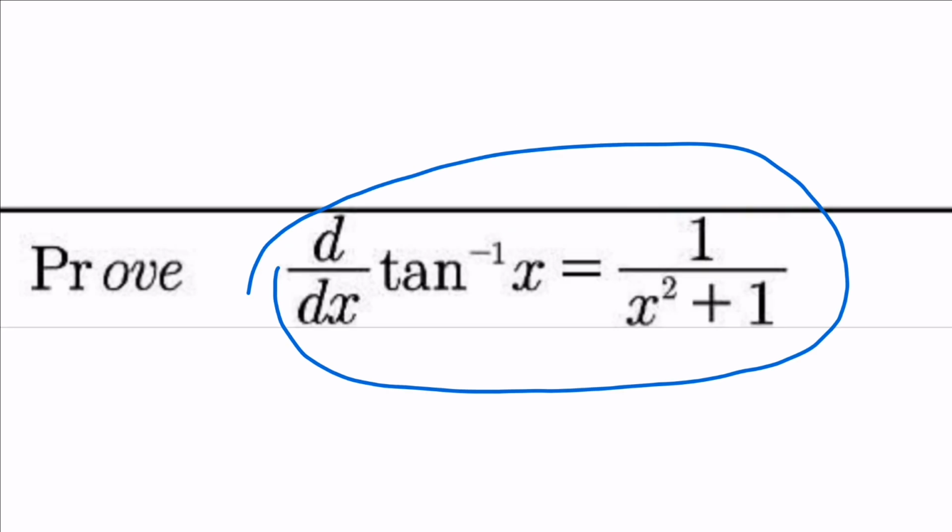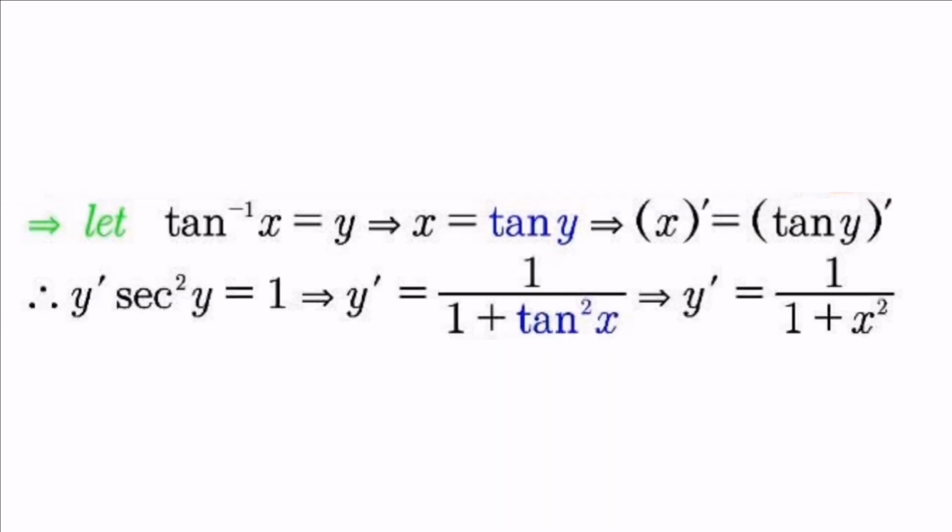Now derivative of tangent inverse x. We have to show that derivative of tangent inverse x is equal to 1 over x square plus 1. Let us consider tangent inverse x is equal to y, which implies x is equal to tangent y.